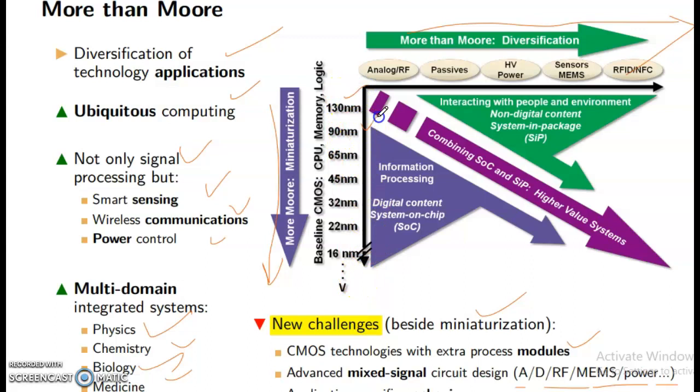Here 130 nanometer, 90, 65, 45, 32, 22, 16 nanometer: baseline CMOS, CPU, memory, logic. Here analog RF, passives, high voltage power, sensors, MEMS, RFID, NFC. Here combining SoC and SiP: higher value systems interacting with people and the environment.